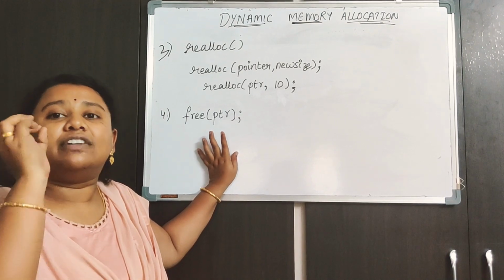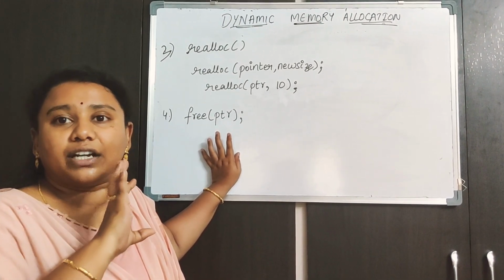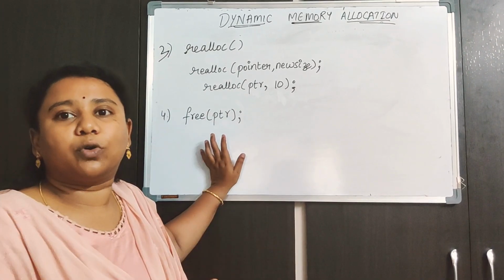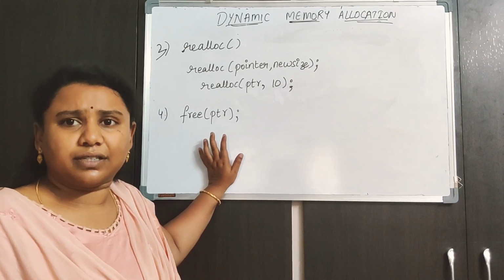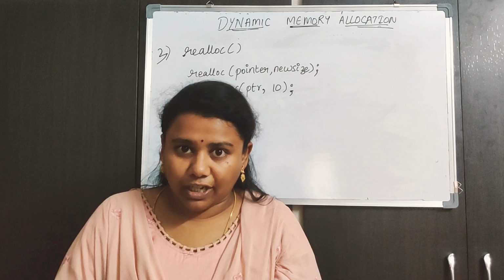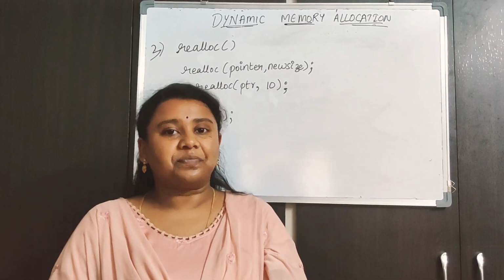The system will immediately release the entire memory allocated. The entire 1000 bytes will be released from your program, and it can be used by any other person. So this is the summary of the entire dynamic memory allocation. In the next session, we will see the programs for malloc and calloc.